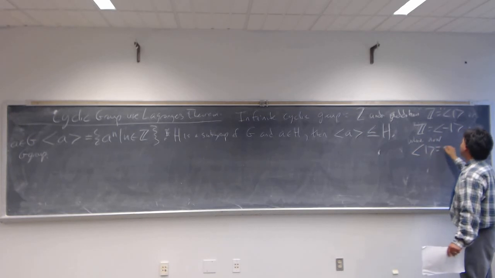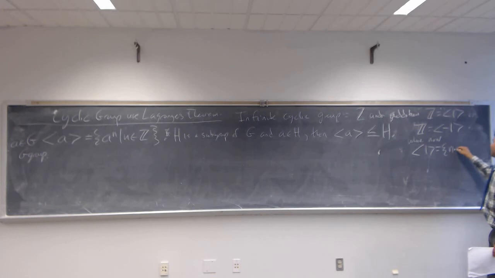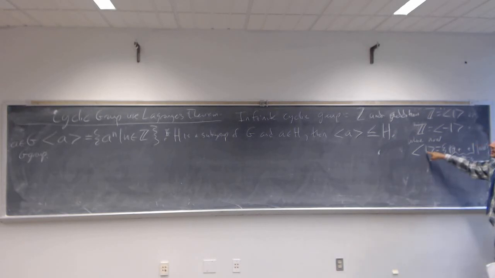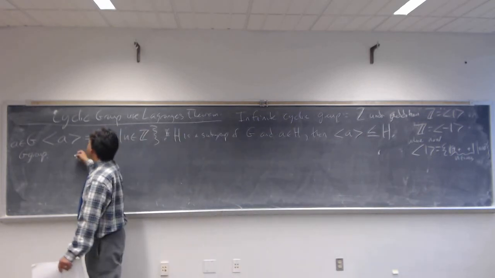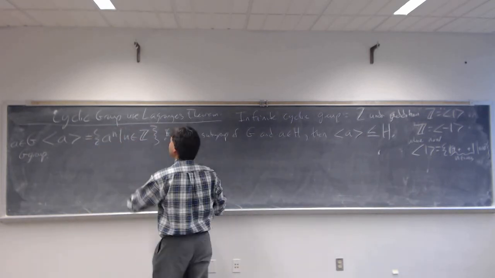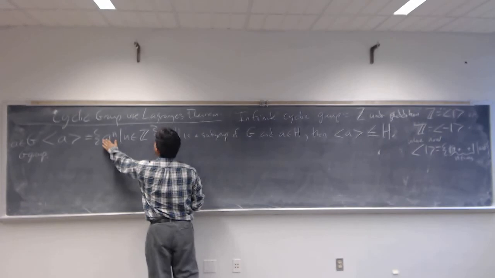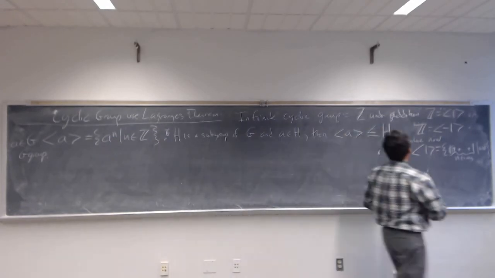Now this subgroup would be 1 plus 1 plus 1, n times, for n an integer. So here you don't take powers of it, obviously, you would just get 1 no matter what the integer is, because this really means the element applied to itself repeatedly in the group operation.